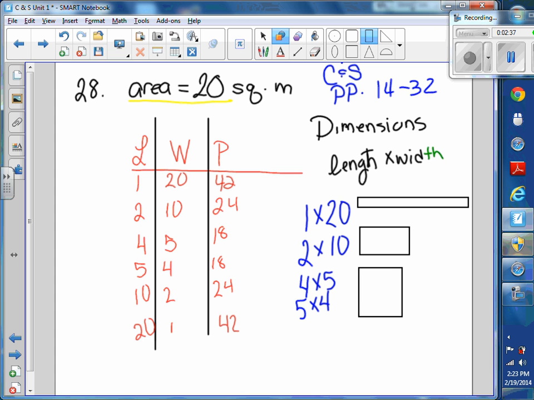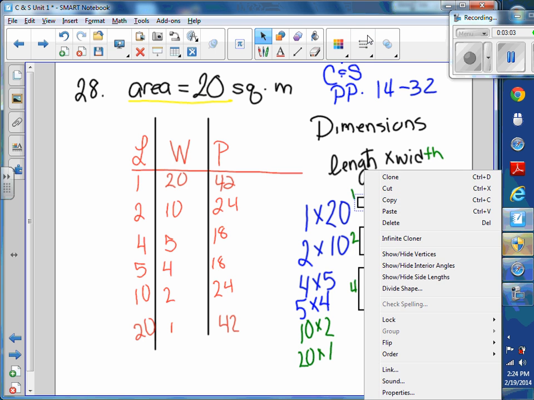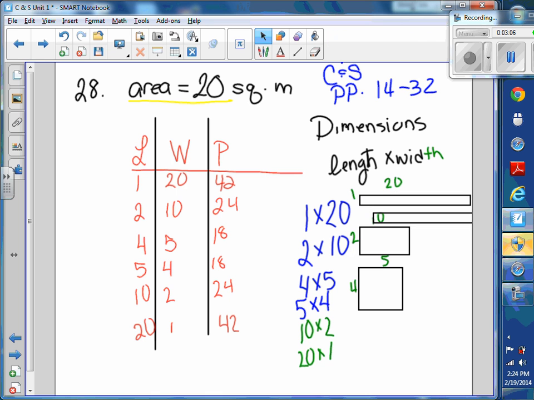So my pictures aren't perfect, but the idea is this would be 1 by 20, this would be 2 by 10, this would be 4 by 5. If I kept going, 5 by 4, 10 by 2, and 20 by 1, then your 20 by 1 would just be a rotation of a 1 by 20.